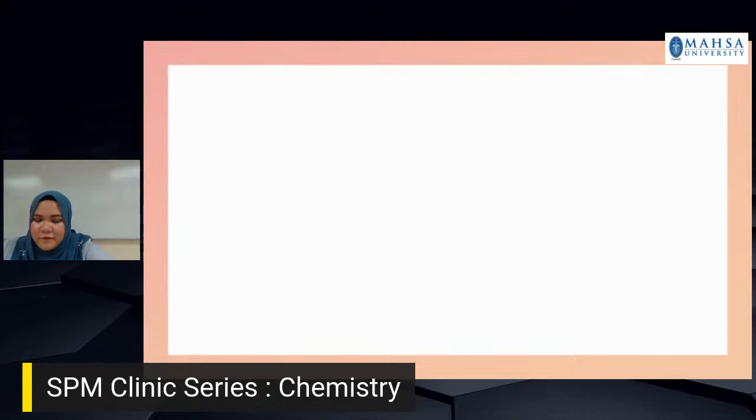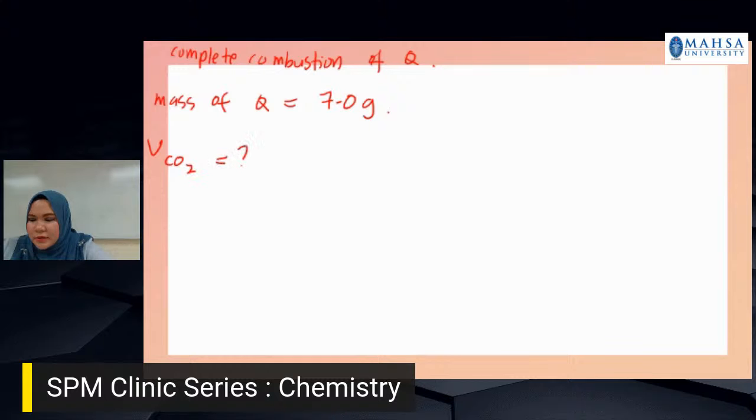The information is complete combustion of Q. Second, mass of Q equal to 7.0 gram. VCO2 is the one that you want to calculate.